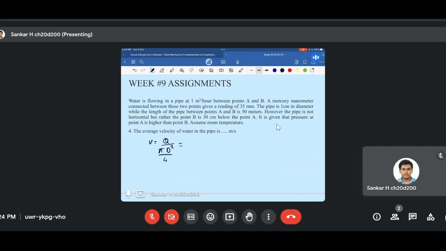And the volumetric flow rate Q is, sorry, that's not zero, it's 1 meter cube per hour, which is 1 by 3600 meter cube per second.